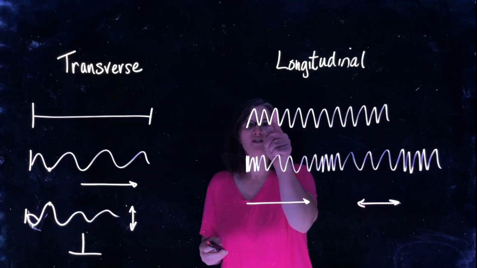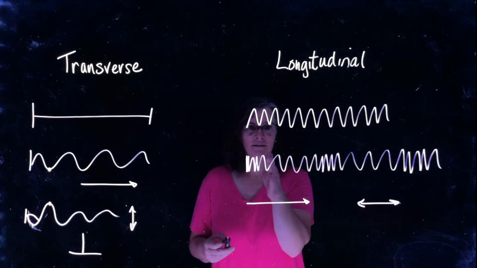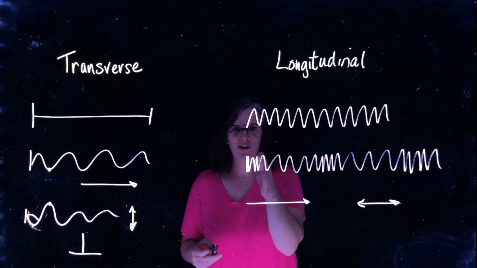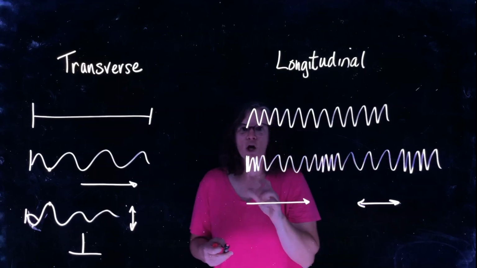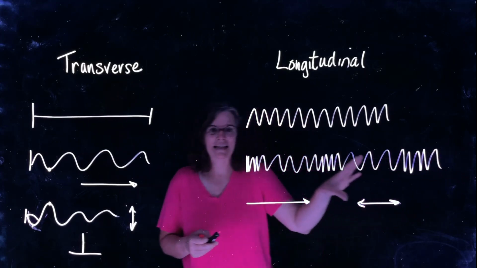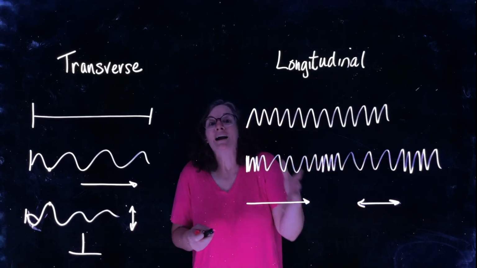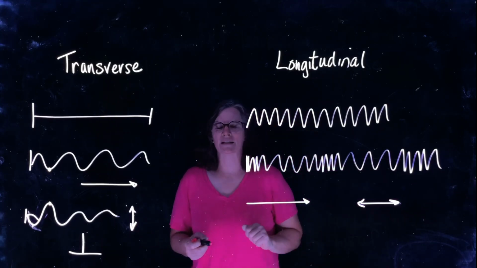So if you imagine this point on the slinky, it goes back and then comes back to its center, forward, and then comes back to its position. As the energy passes through it, it's displaced in the direction of the energy travel and then returns to its location.